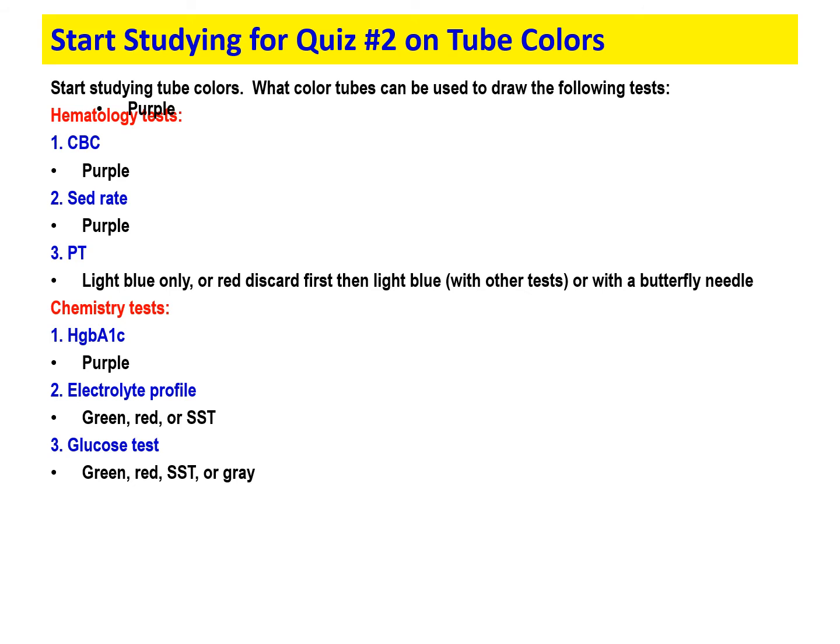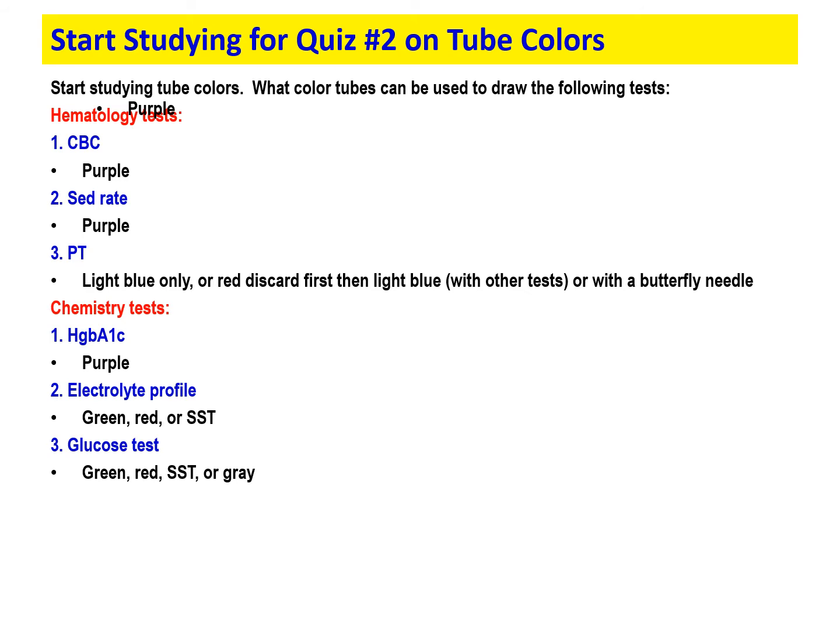But still, you have to wait 5 to 15 minutes for both the red top or the SST tube to clot before you can even spin it down. Then you can take it off and run your electrolyte profile. So we can see where drawing that green top tube would save us anywhere from 5 minutes to an hour on our turnaround time. So it would be the best choice.